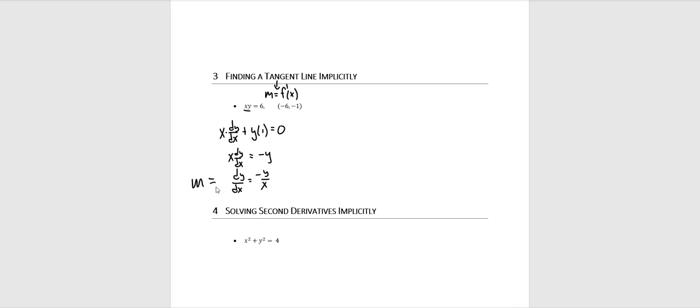All right, so we know that we need to find the value of this slope. So what we'll do is we'll say our slope is the derivative evaluated at, all right, so that little line, evaluated at the point (-6, -1), and this equals negative y over x, so that's a negative -1 over -6, and our slope is -1/6, right? 3 negative signs, overall it's going to be -1/6.